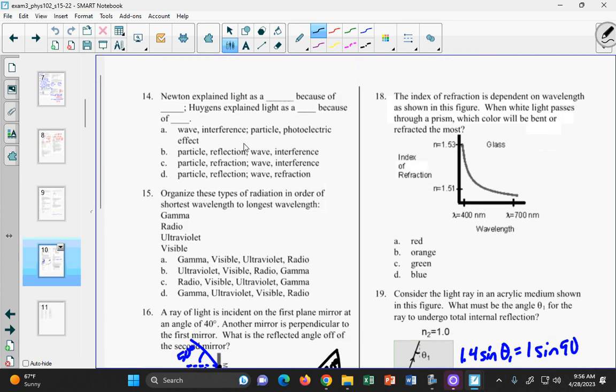Make sure you know the different people and why they say light is what it is. Newton, particle, reflection. Huygens, wave, refraction. Young, wave, interference. And then Einstein said it was a particle because of the photoelectric effect.